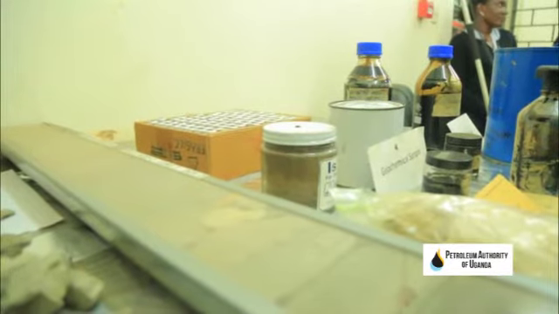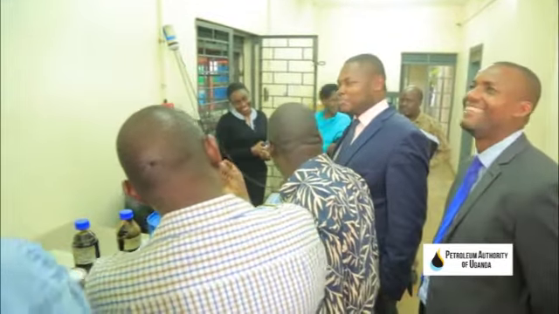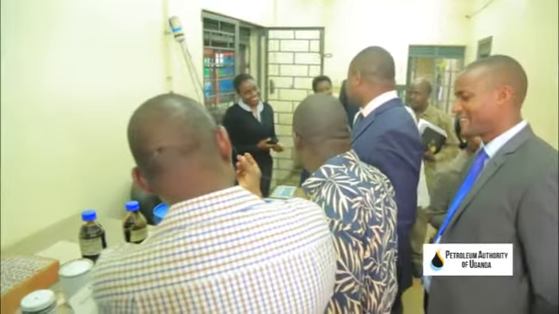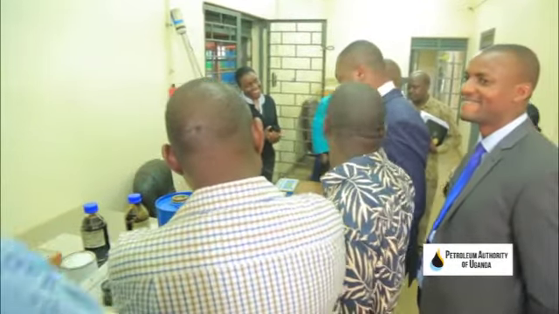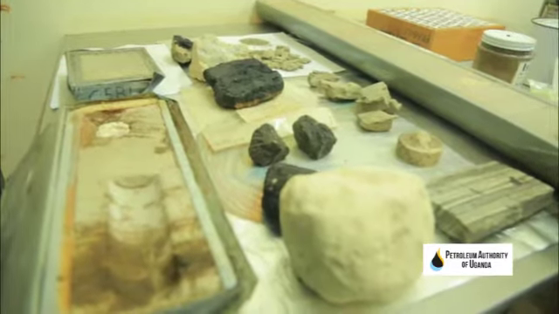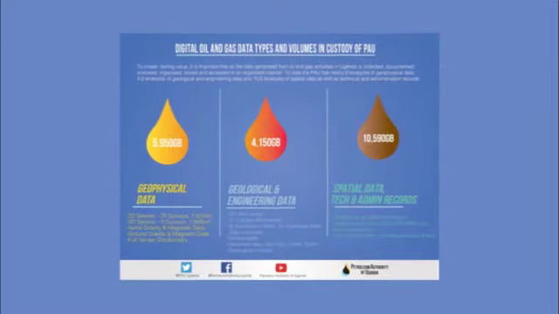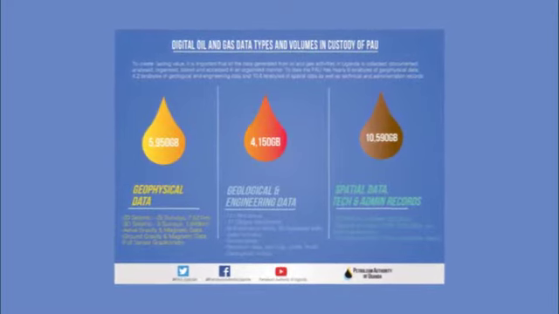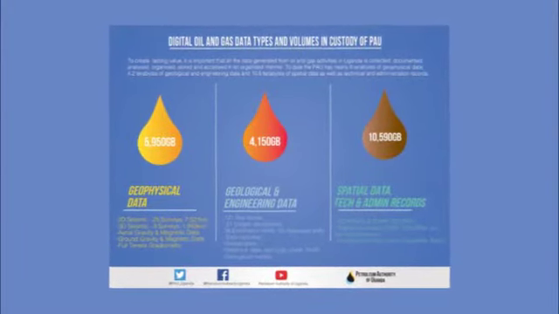Having this array of resource portfolio helps in the planning of our country, because if we know how much we have, then we can project revenue based on future production. That is what we do in a nutshell as far as managing data and resources is concerned.